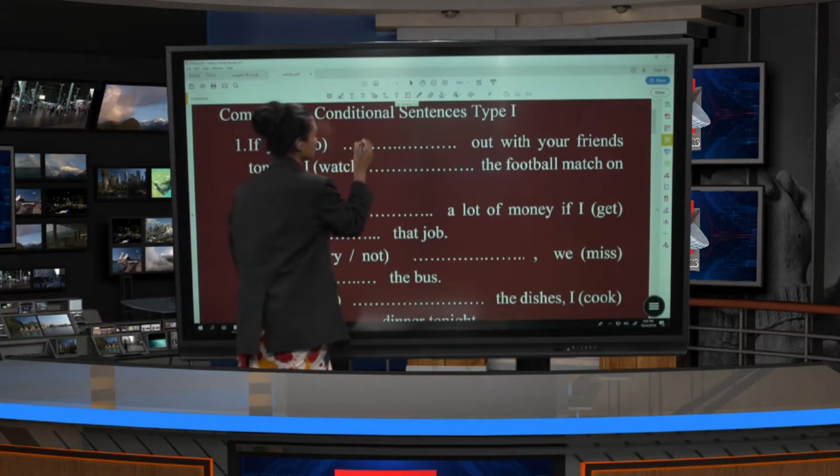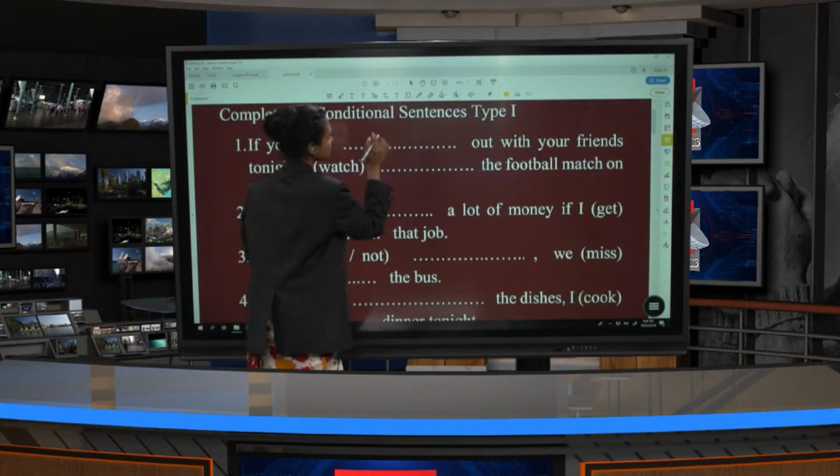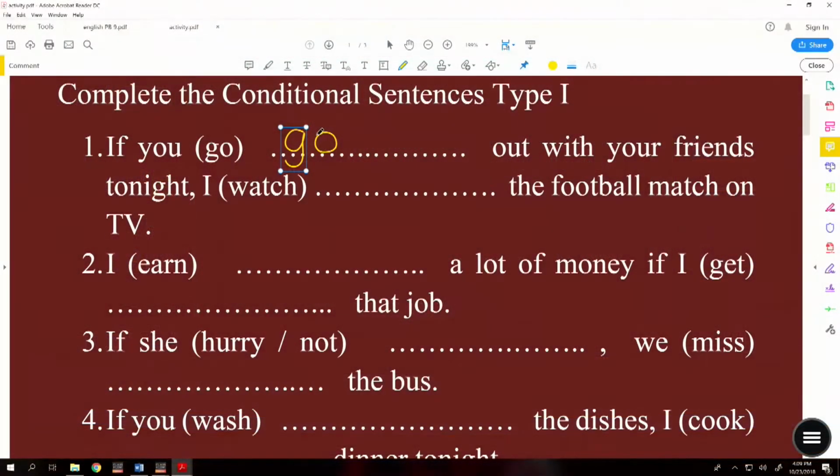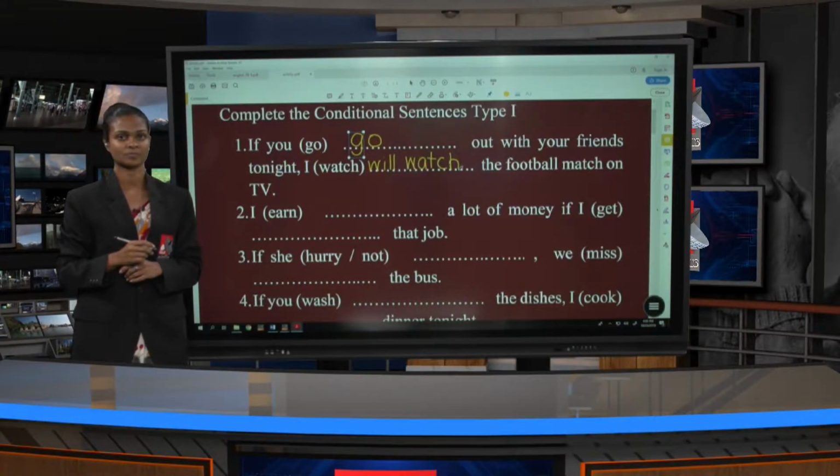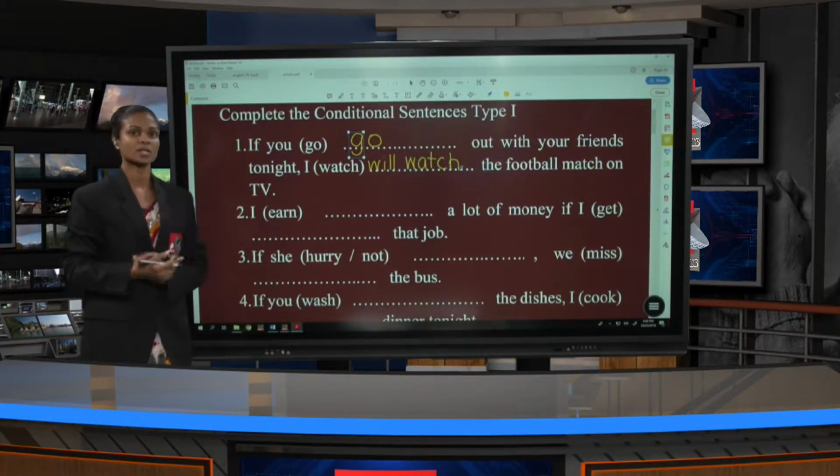Then if you go, if you go out with your friends tonight, I will watch the football match on TV. Right. Then move to the second one.